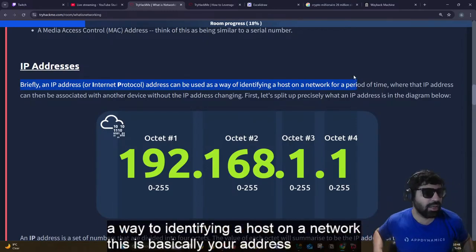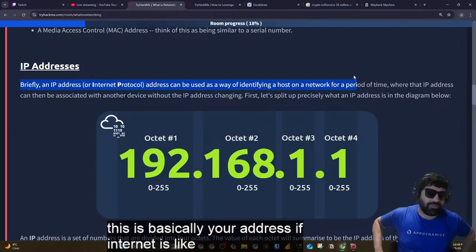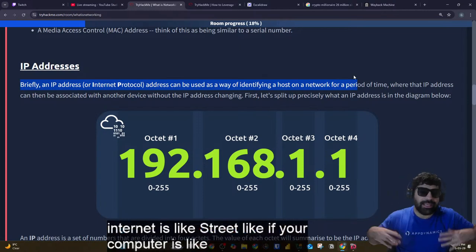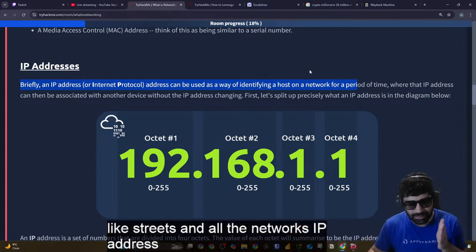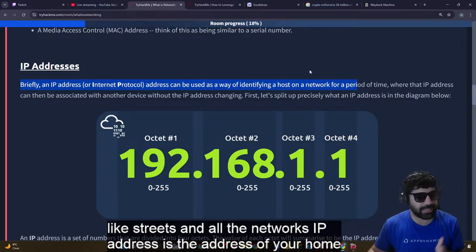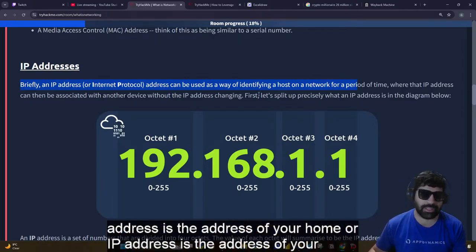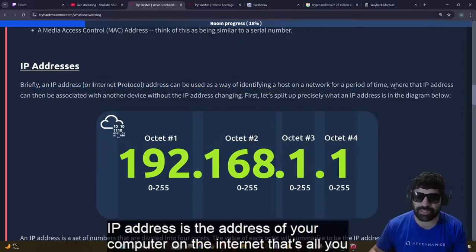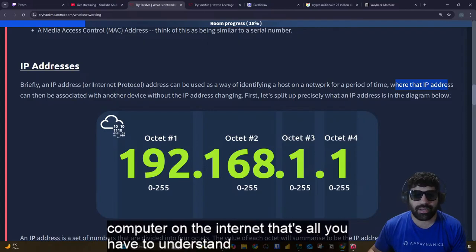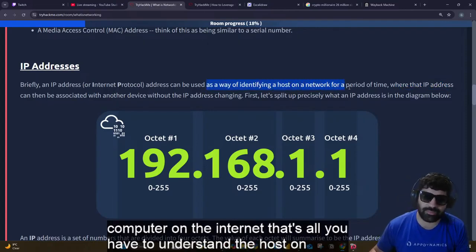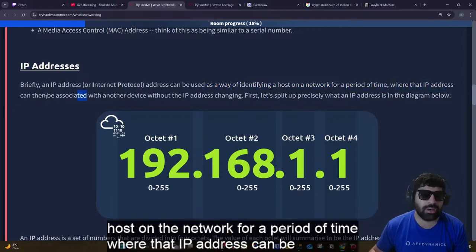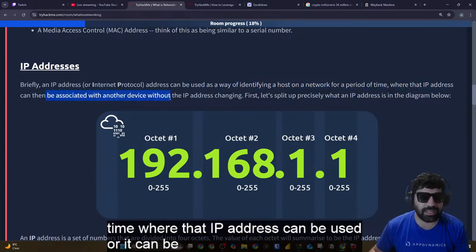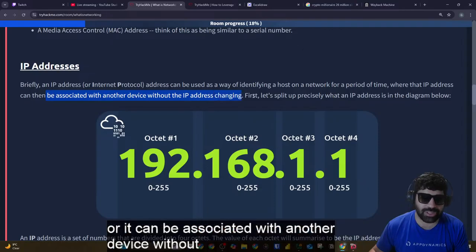If your computer is like a home and the internet is like streets and all the networks, the IP address is the address of your home, or the address of your computer on the internet. That's all you have to understand. It is a way of identifying a host on the network for a period of time, where that IP address can be associated with another device without the IP address changing.